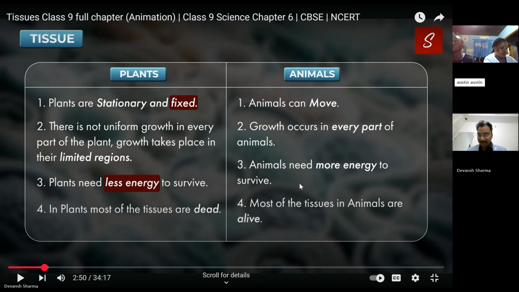And most of the tissues in the animals are alive. That is why all the animals are working and energetic and moving from here and there. So this part you have understood, the difference between the plant and animal tissues and their requirements.